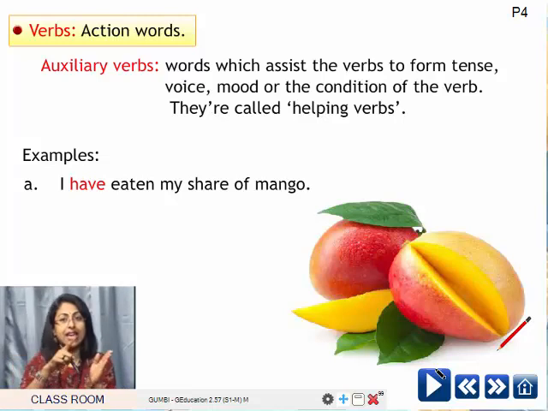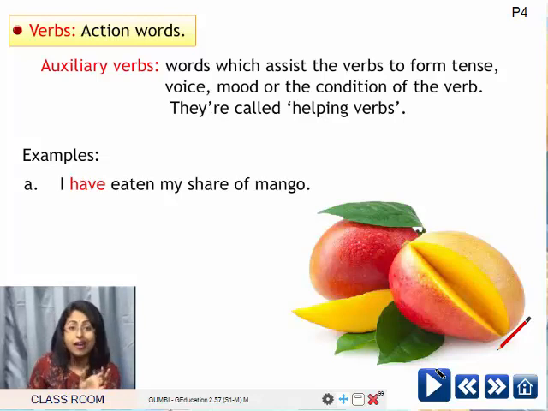Like I said, he dash running. He is running. Alright? Another example, they dash eating. They are eating. So eating would be my verb and I'll have to use are, A-R-E, as my helping verb. Did you all understand, students?